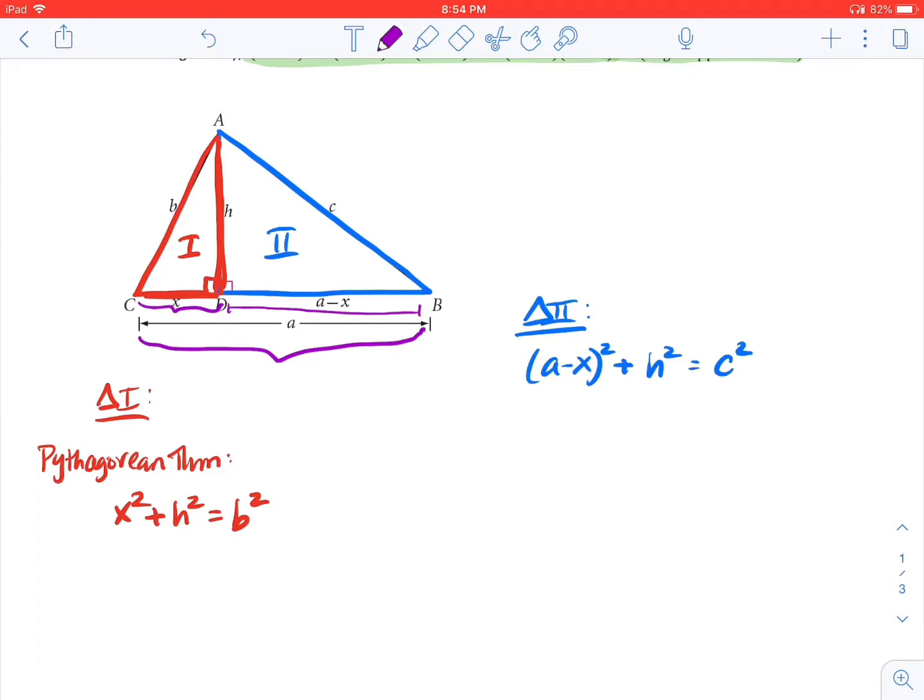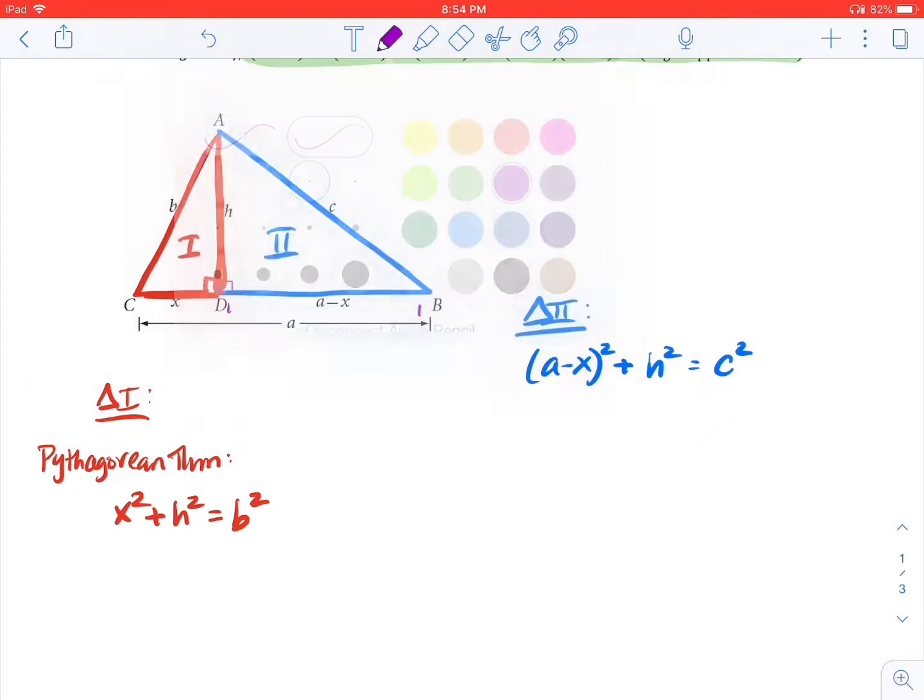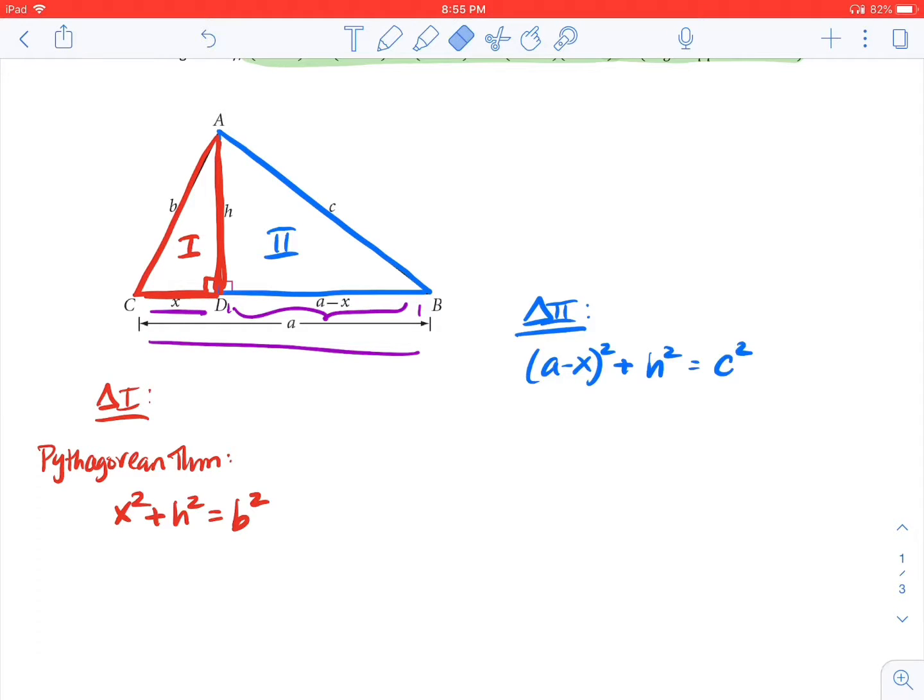As a numerical example, if the entire side length was 8, and this piece was 5, this piece over here would have to be 3. How did I find that? I took the original side length and subtracted away the other one. That's the general relationship shown here: to get this side length, I took the whole thing and subtracted away the other piece.